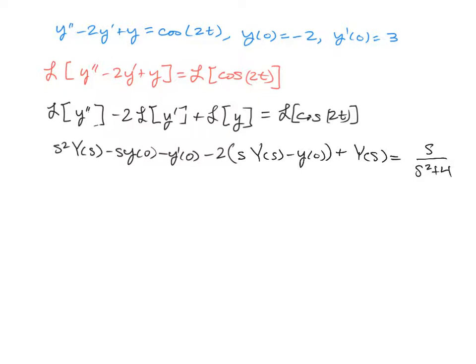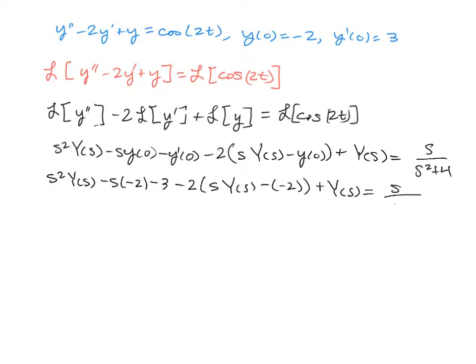So the next step is to go through and substitute in the different values given to us as initial conditions. So that's s squared big Y of s minus s times the y of 0, which was negative 2, minus y prime of 0, which is 3, then minus 2 times the quantity s big Y of s minus the y of 0, which again is negative 2, plus big Y of s is equal to s over s squared plus 4.